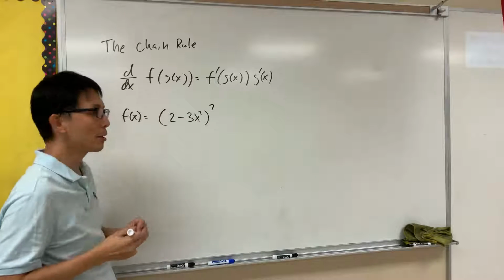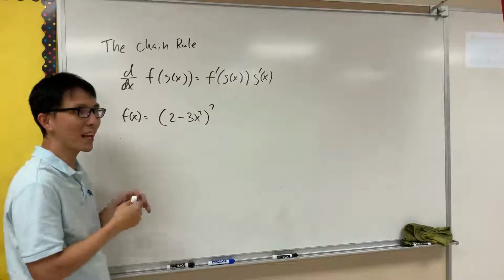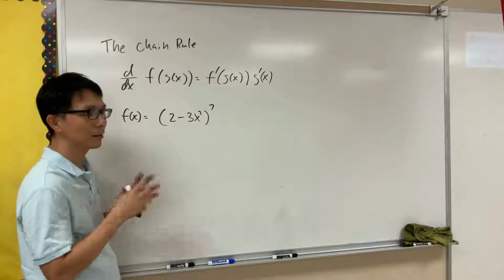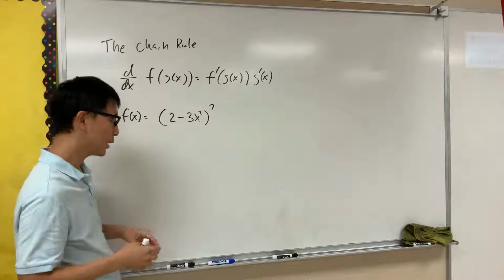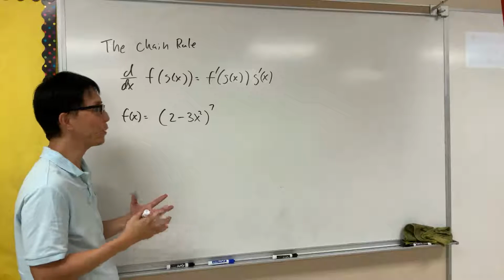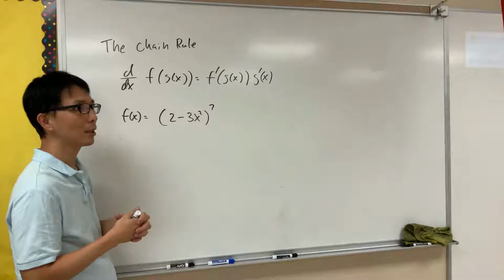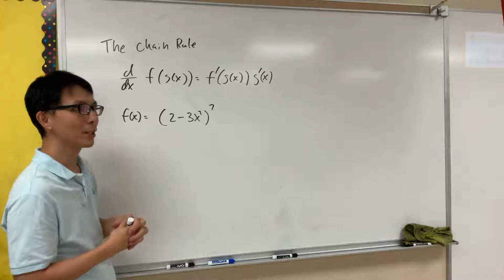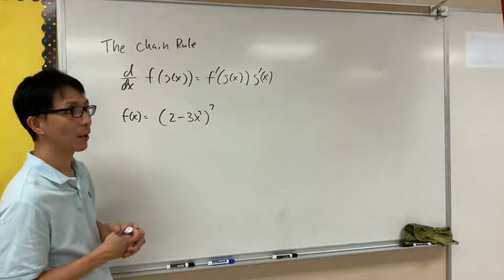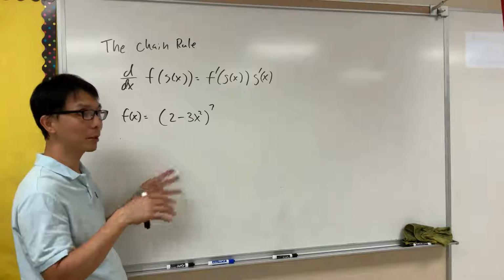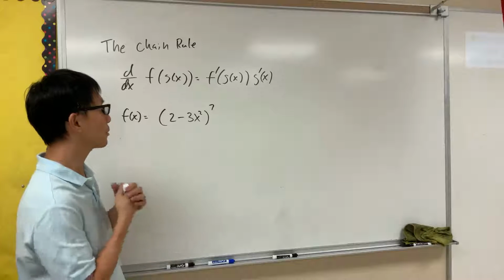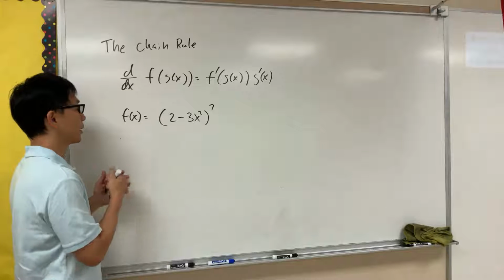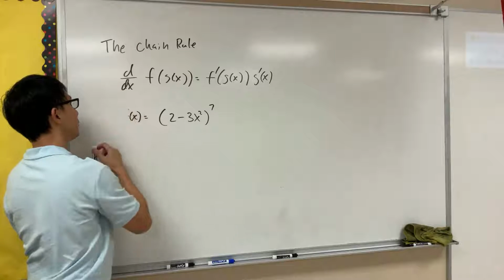Of course, I'm not going to ask you to expand to the 7 power. Your life would be kind of miserable, which I don't want to happen to you. I really want you to understand how to do this without expanding it. But if you expand it and take the derivative, you're going to get the same result. So we're going to call this one h of x. Is that okay?